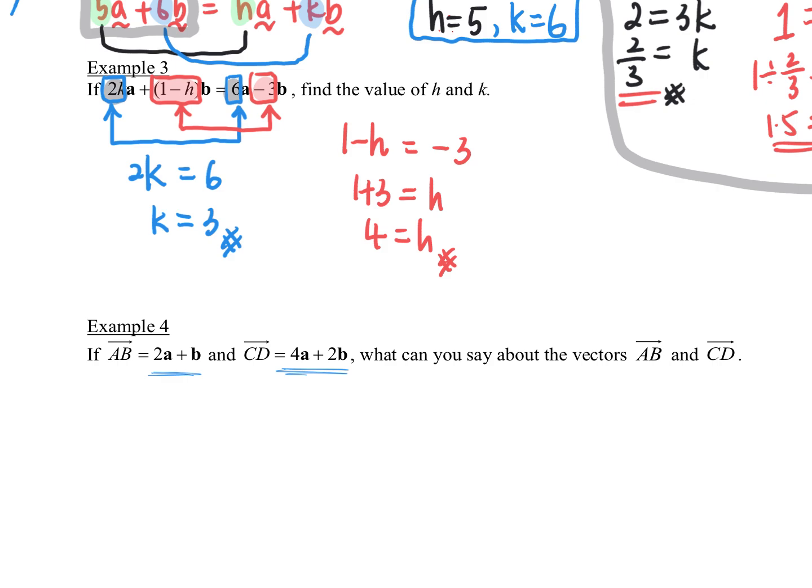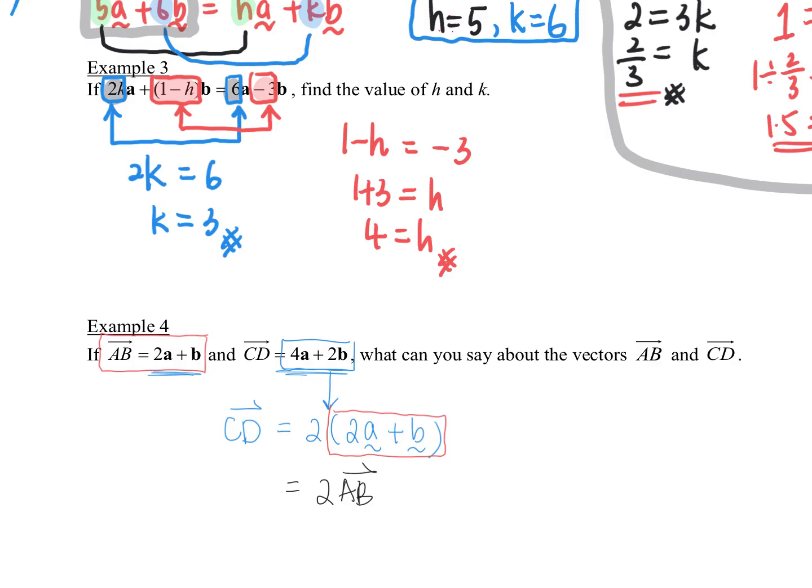Yes, right? So for CD, I realize I can take out the common factor 2. Okay, for this one, I realize I can take out the common factor 2. And then this is actually my AB. So what I've realized is actually CD is 2 times of AB.